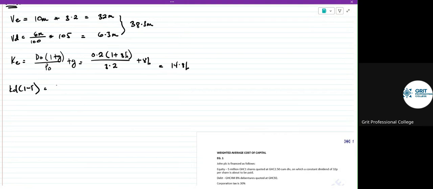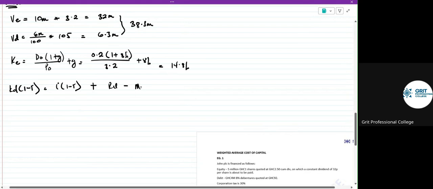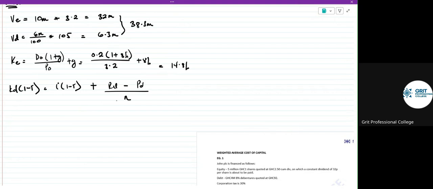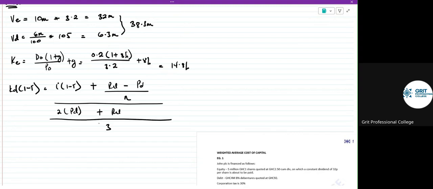So the formula will be the after tax coupon, since this is the cost of debt, plus the redemption value minus the price of the bond, which is the market value or the price of the debt, over n, all over 2 by the price of the bond plus the redemption value, everything over 3.